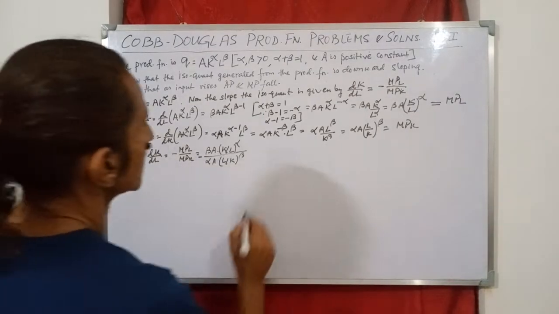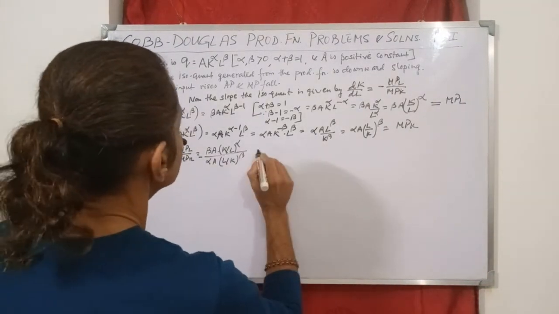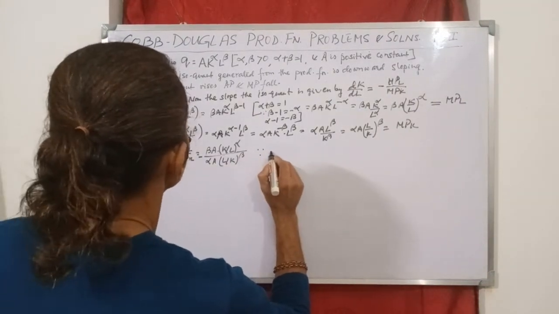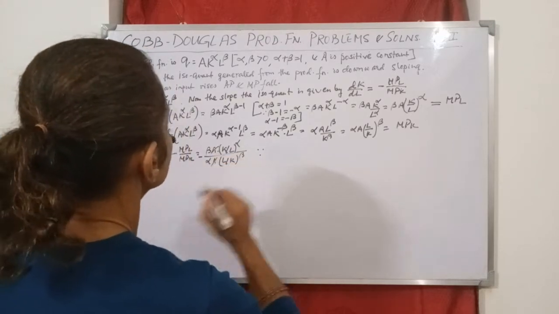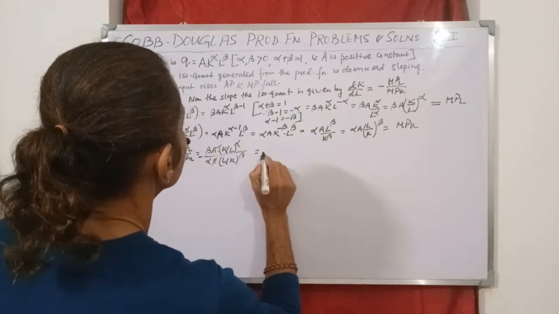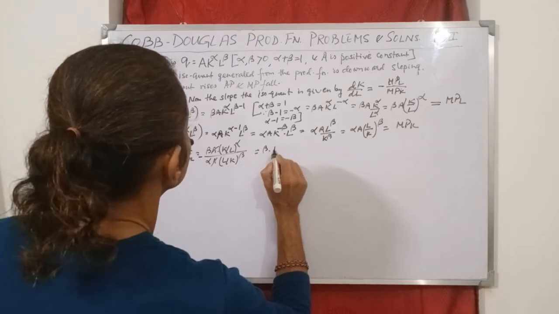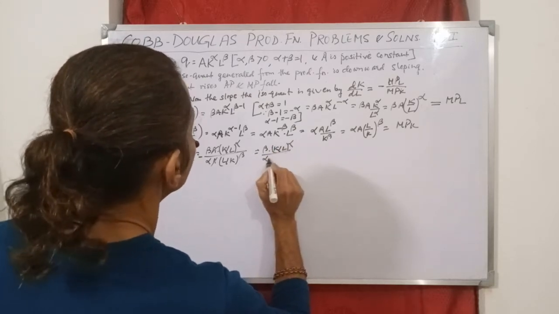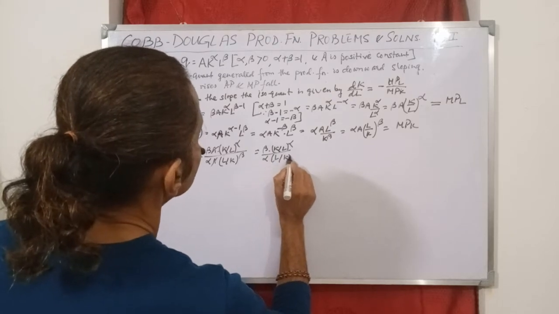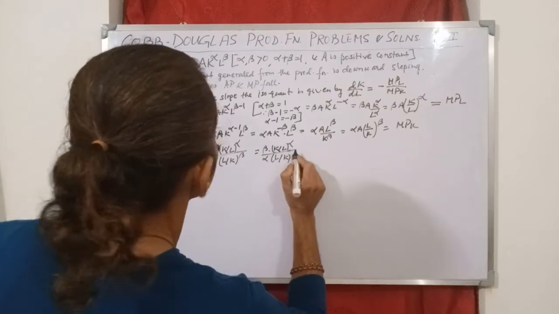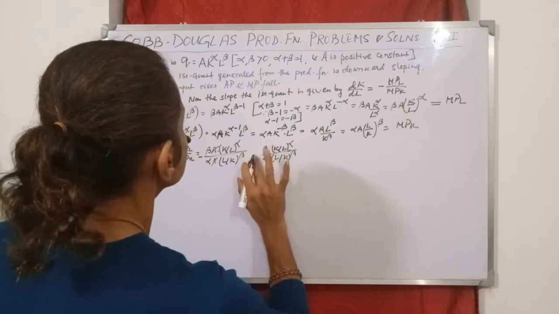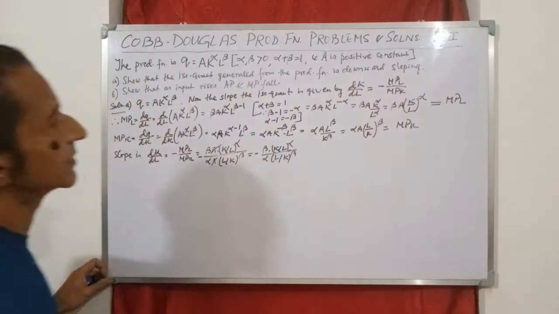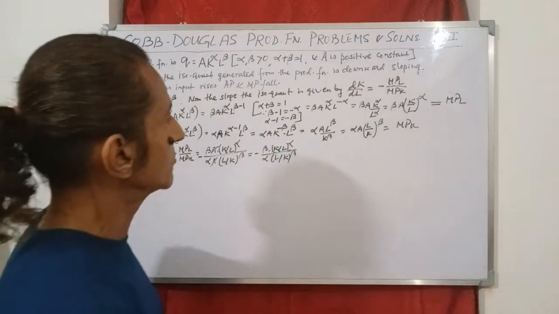So this is equal to minus beta (K by L) to the power alpha divided by alpha (L by K) to the power beta, right?